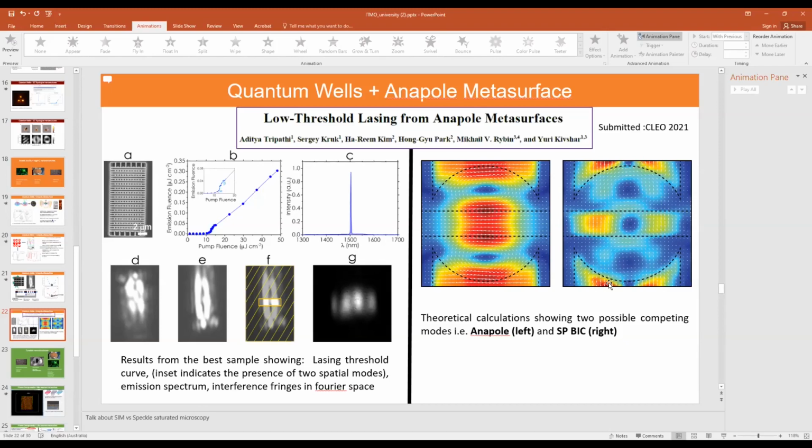We don't have a very concrete answer to that, to be honest, but we believe that the Anapole mode is the closest to the observed wavelength of lasing. So probably the Anapole mode dominates, but again, not sure, because calculations are still underway.